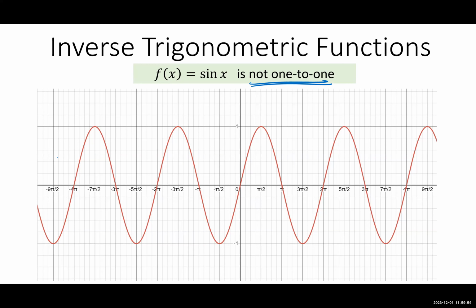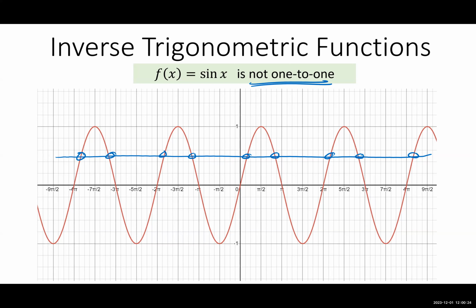We have this horizontal line test to determine if a function is one-to-one. If a horizontal line hits the graph more than once, the function does not have an inverse, right? So this horizontal line, this blue line I just drew, hits the graph in many places, infinitely many places, actually. So we cannot talk about the inverse of the sine function. Doesn't work.